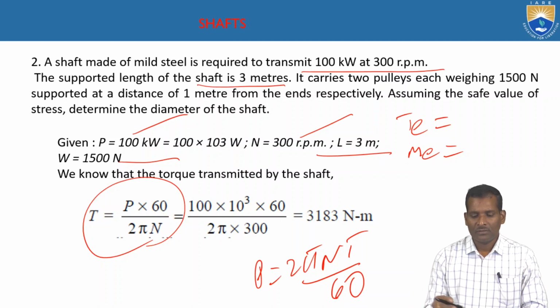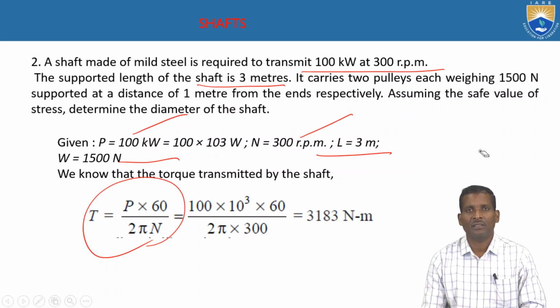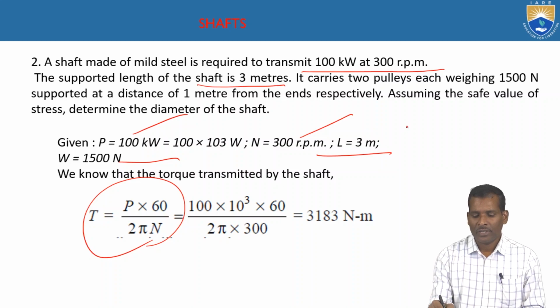First of all, draw the diagram and then find the RA and RB values. We already discussed this problem in the previous session. This is the normal problem without any fluctuating loads and shock loads. Clear? So I will draw the diagram.